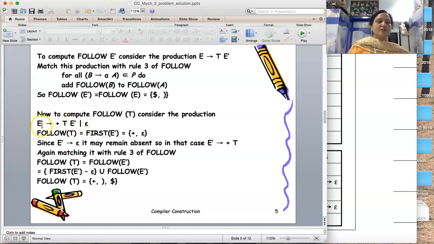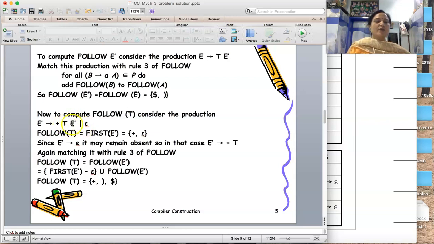So let's take the production E dash tends to plus T E dash or epsilon. Again using the same rule number 3, we can write follow of T equals, what is following T?